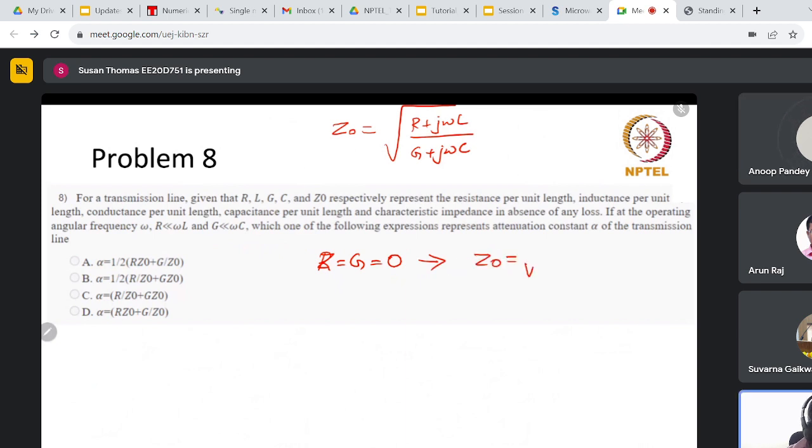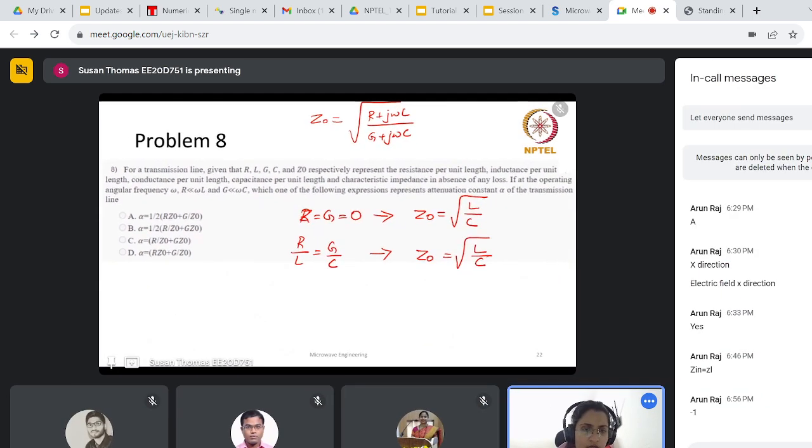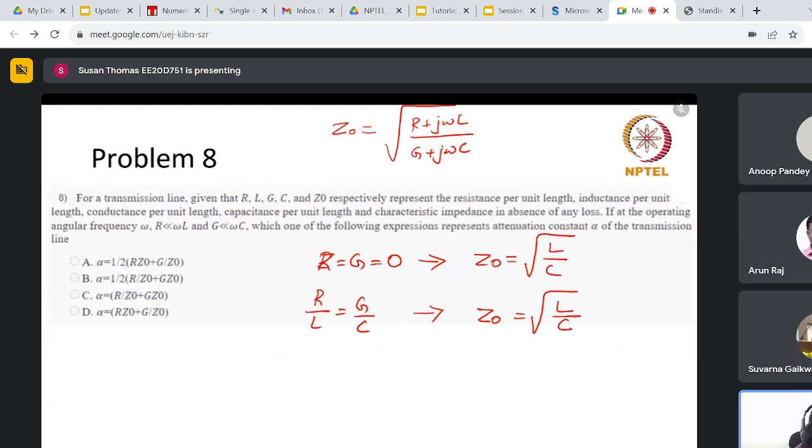So I can write Z naught equal to root of L by C. In case of a distortionless line, R by L is equal to G by C. In that case also it is root of L by C. So are you asking why Z naught is real in case of a distortionless line?